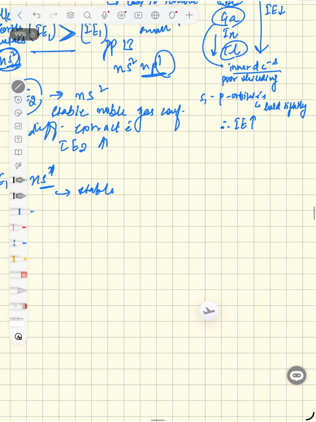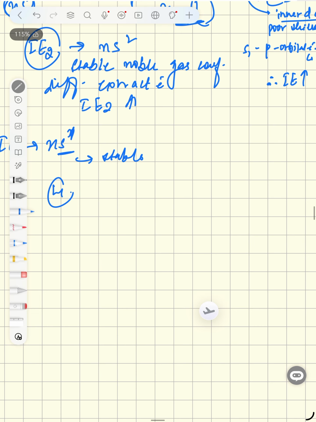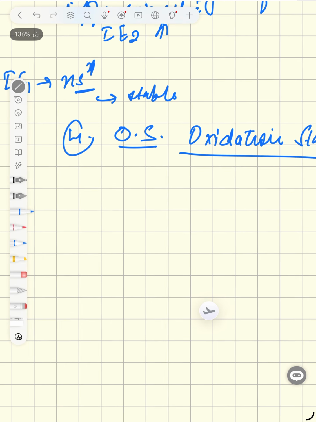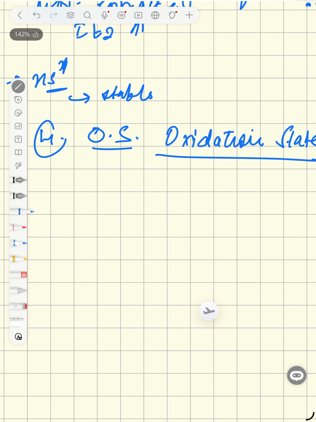Talking about the next physical property, oxidation state. Now these elements have the outer electronic configuration ns2 np1. Their outermost orbitals have 3 electrons.